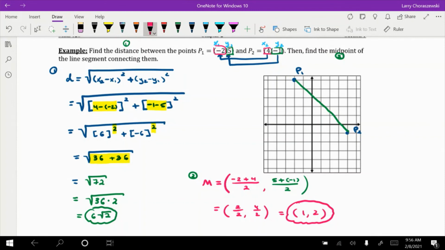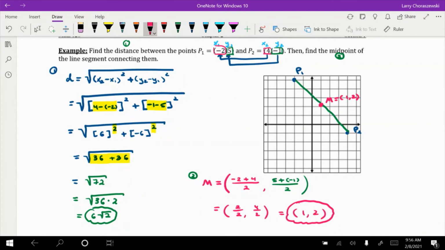Now if you plot this point, and if you drew a perfect line segment, it should land on the line segment and also appear to be halfway between P1 and P2.